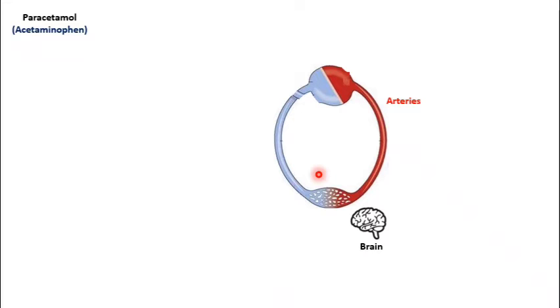This carbon dioxide is carried away from tissues through blood vessels called veins. These veins are now carrying a deoxygenated blood back again to the heart.